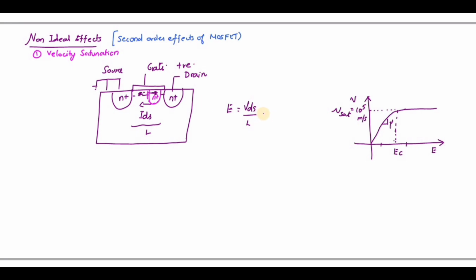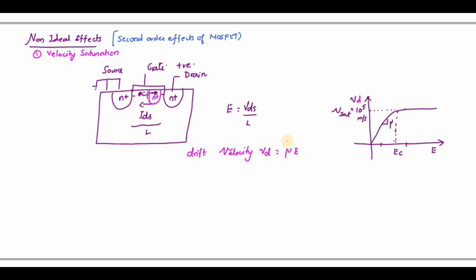If I plot the graph between the velocity and the electric field, we know that the drift velocity Vd is equal to mu into E. So it is linear with respect to E, and it will attain some maximum value.